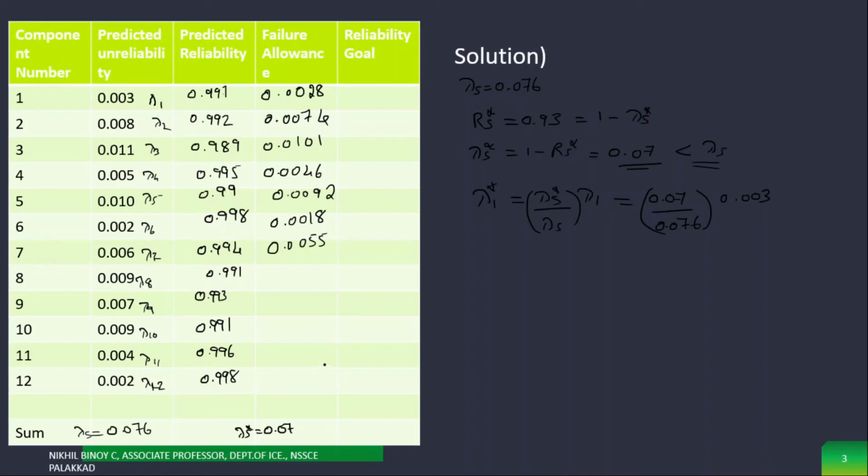Now what about the eighth component? 0.009 is the failure rate. So the desired failure rate of the eighth component is 0.00828. We can write it as 0.0083. Now the ninth component. The desired failure rate of the ninth component is 0.006447.